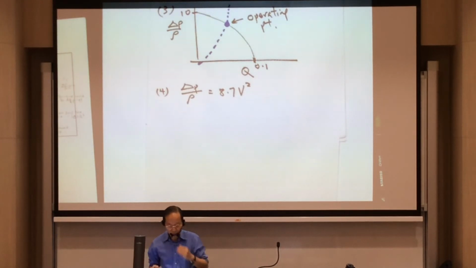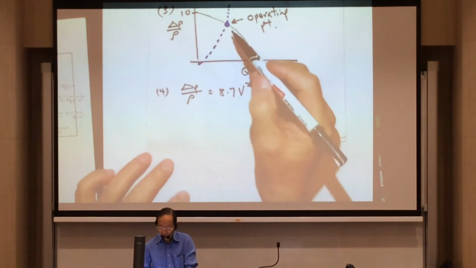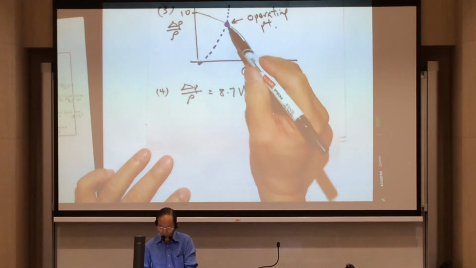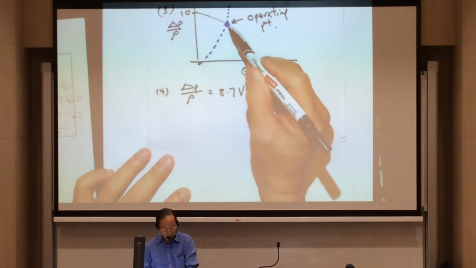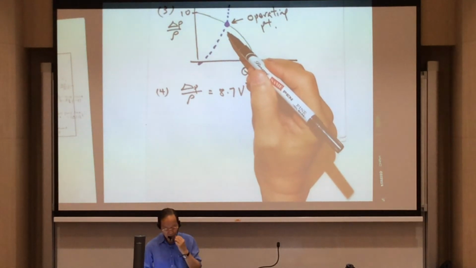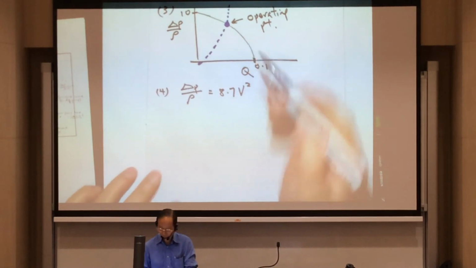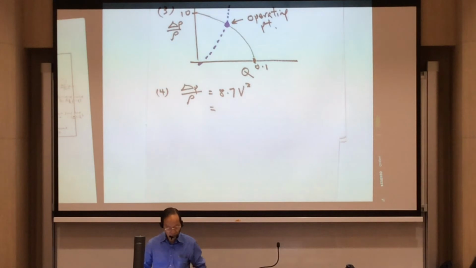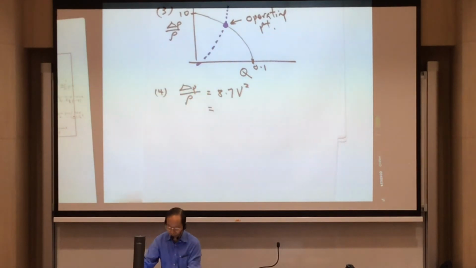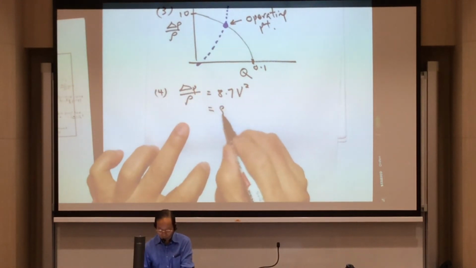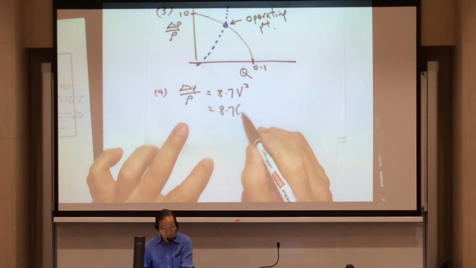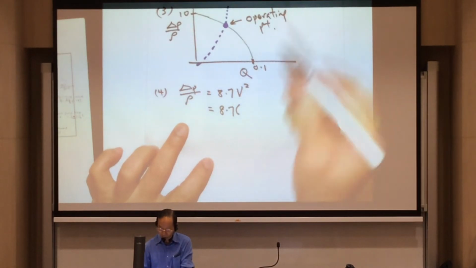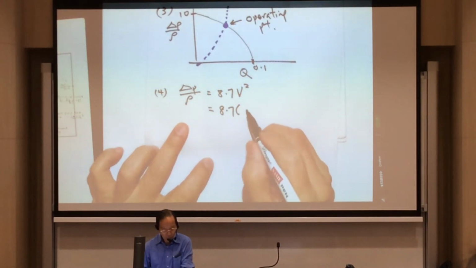Here, this is the maximum best performance at this operating point. And what is your Q value? Your Q value will correspond with the V. We found that the coefficient is 8.7, and your V, we found it earlier, is actually 0.95.